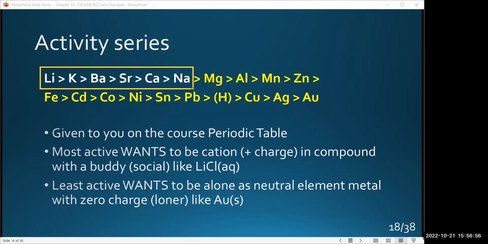Lithium is more reactive than potassium, which is more reactive than barium, more reactive than strontium, et cetera, until you get to the least reactive metal, which is way over here on the right-hand side, which is gold. Gold is the least reactive metal. It's called the noble metal because it takes some very vigorous conditions to get that metal to react.